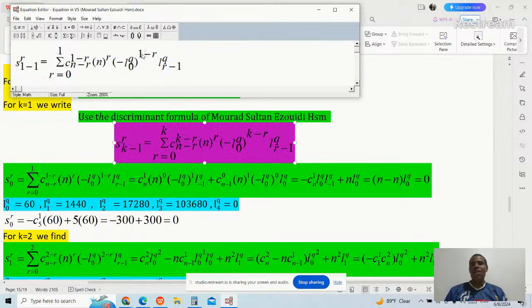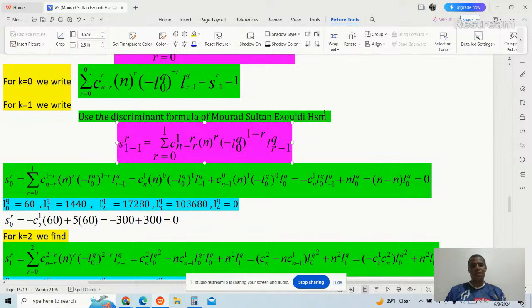Then a times L_0 of order q times L_r of L_{r-1} of order q. Now, learners, this is the discriminant formula of Mourad Sultan Ezouidi, which means you can't work out the value of S_{k-1} without this formula.